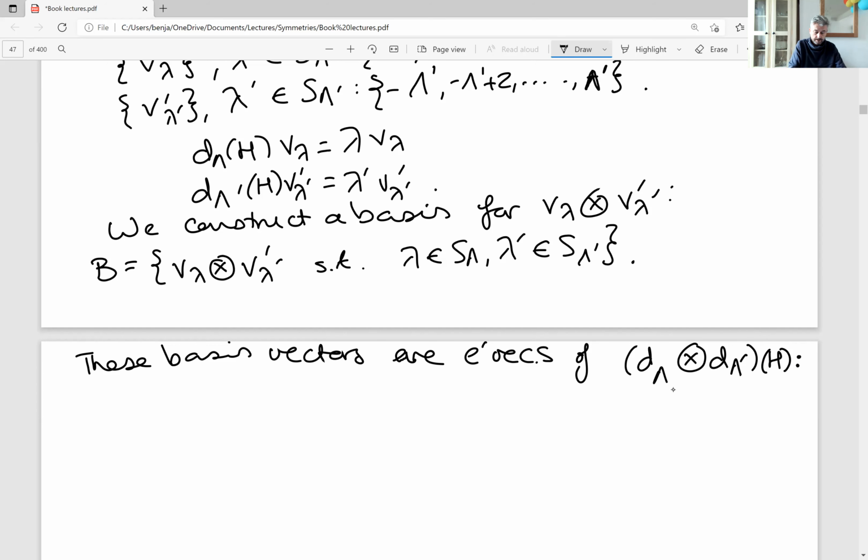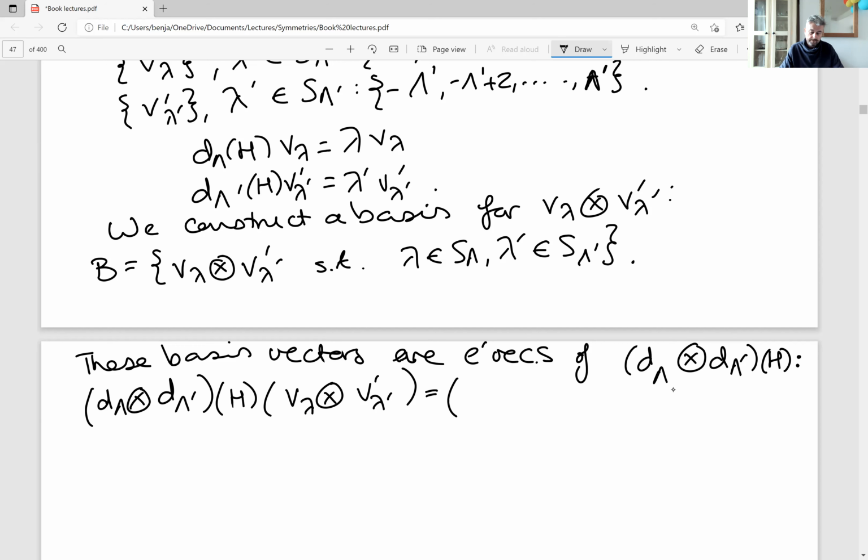In other words, d lambda cross d lambda prime corresponding to the diagonal generator h, acting on v lambda cross v prime lambda prime is equal to, well, we use the general properties of tensor products of representations.